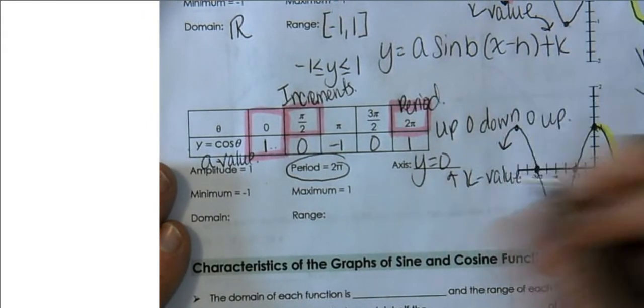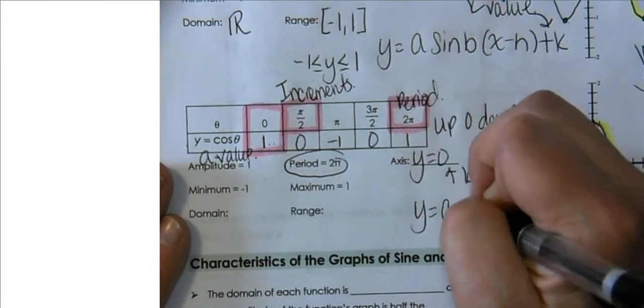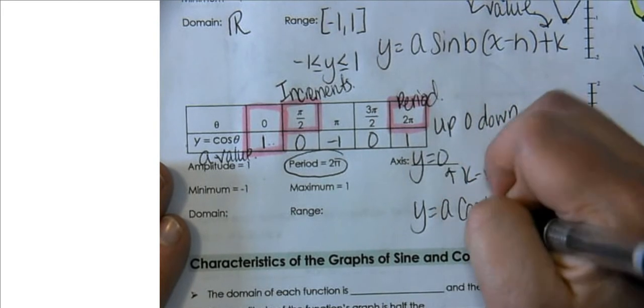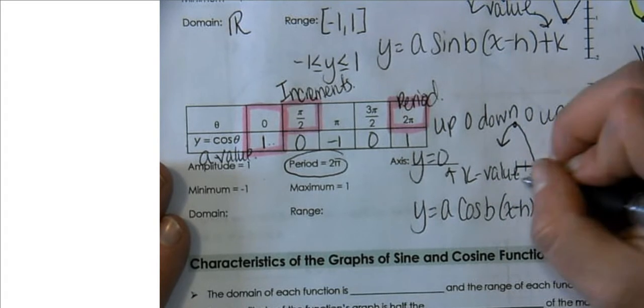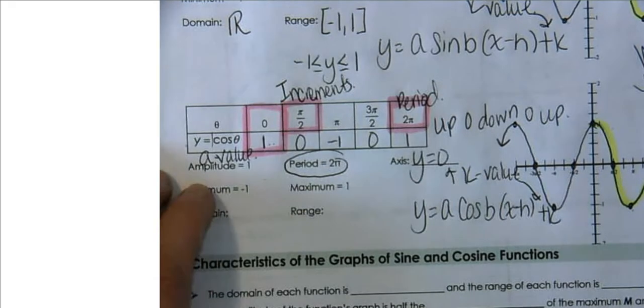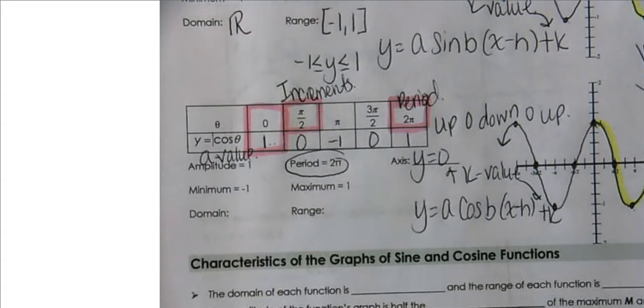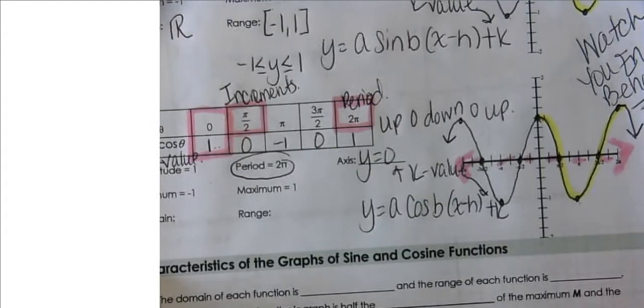That k value is going to come from, eventually once we get into another lesson, a times the cosine of b times x minus h, plus k. It's going to be that k value, the number that you're adding on the outside. But if you see right here, we're not adding any numbers on the outside, so therefore we assume 0. So if I were to draw that in on my axes, it's going to be a dashed line on the x-axis.